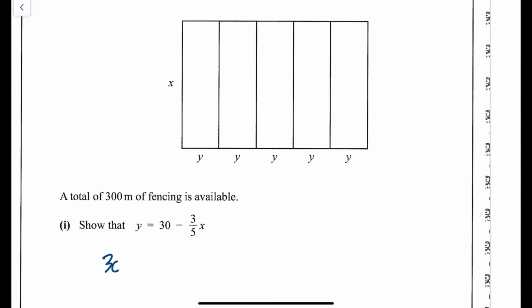Okay, your total perimeter is 300. How many y's have you got? You've got all these wee y bits available here. So you've got a y here, a y here, a y here, a y here, a y here. That's 5 y's, but you're also going to have them up top as well, so you've got 10 y's.